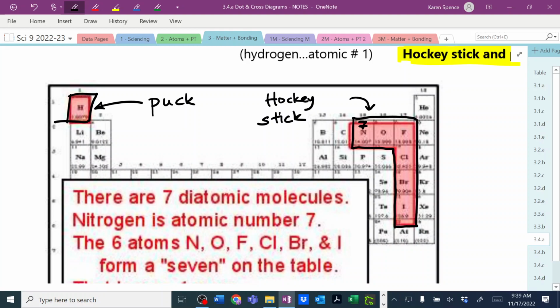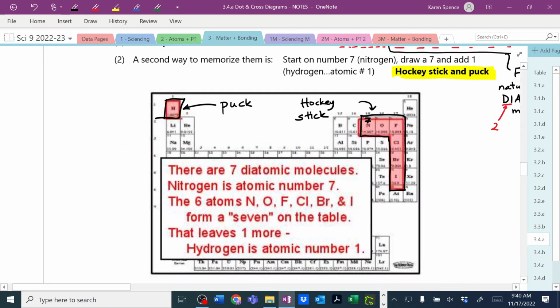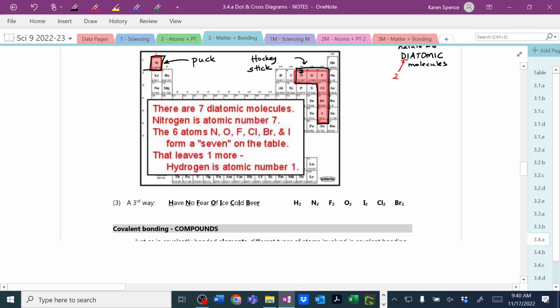I'm not really quite sure why. I'm guessing it has to do with the fact that it has empty 3D subshells, but we don't know about those, so we're going to pretend I never said anything. Okay? But I honestly don't know why it's not S2. Okay? All right. So that's the second way to remember it.